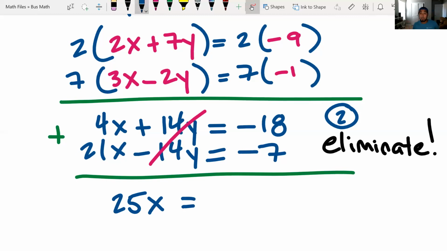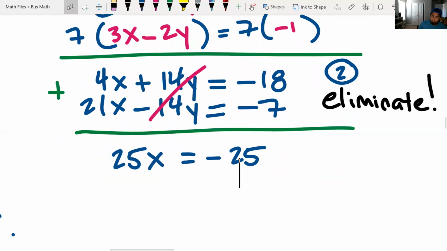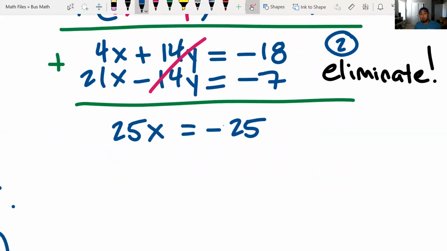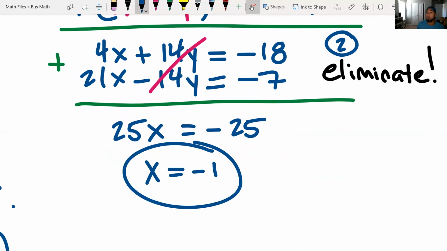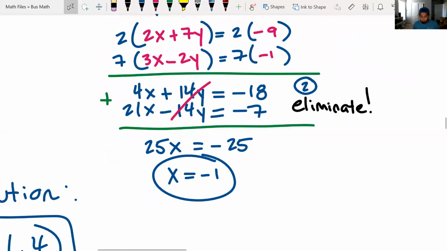Equal to -18 plus a -7, that is a -25. And now divide by 25 and you'll get x equals -1. X equals -1. All right.